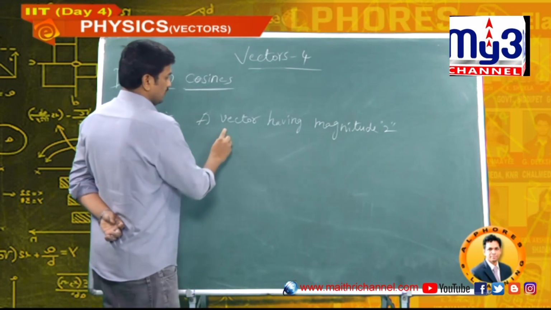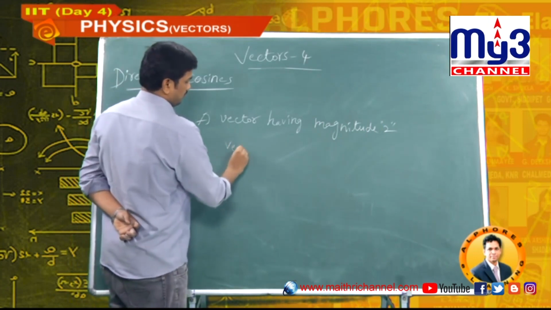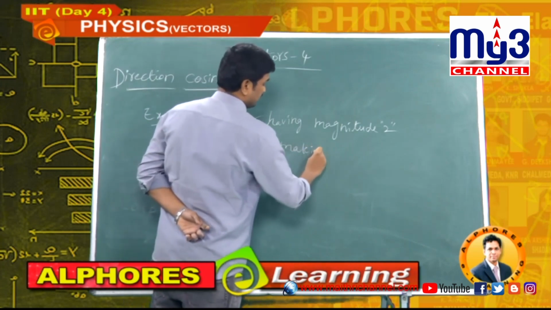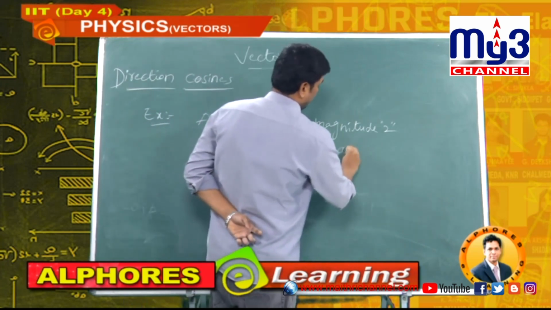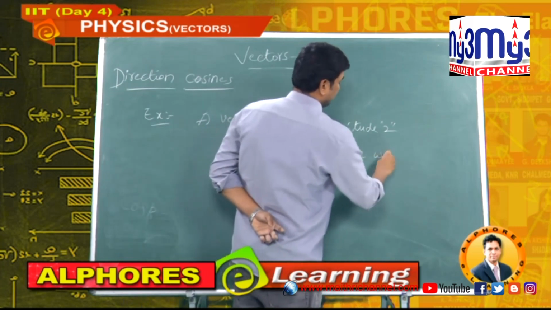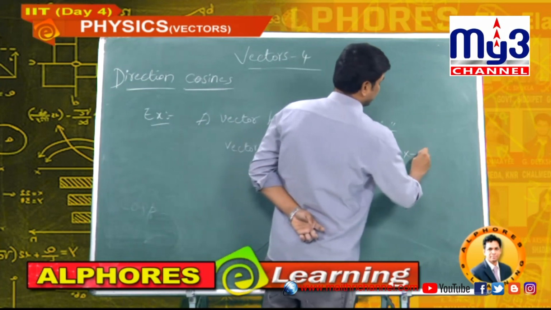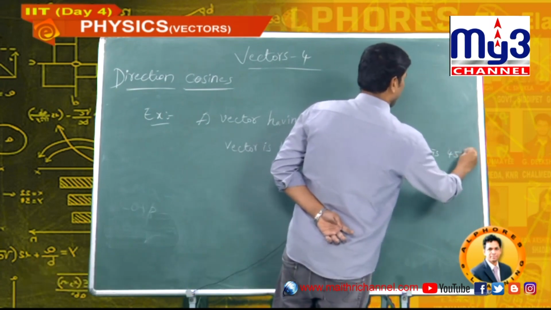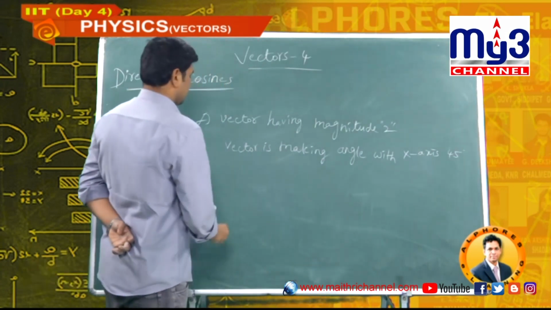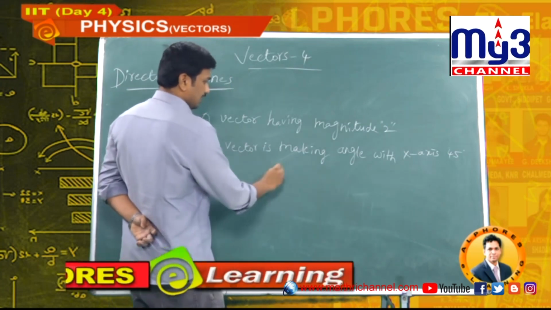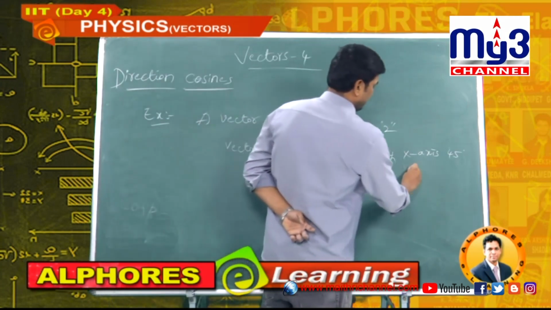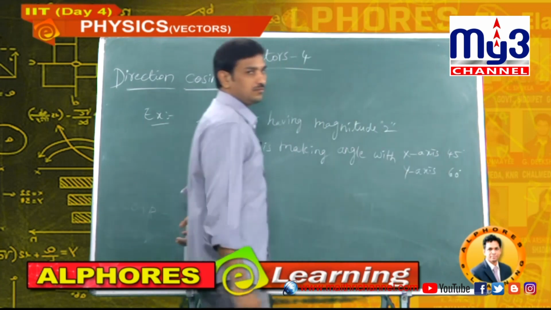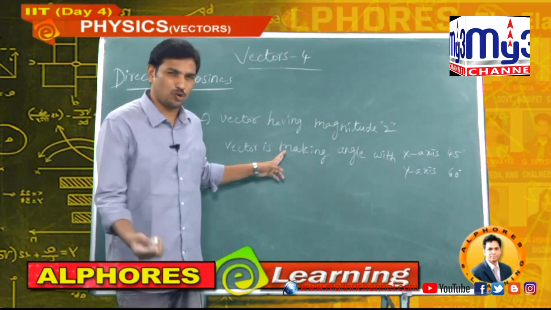Next, the vector is making an angle with the x axis of 45 degrees. Same thing, the vector is making an angle with the y axis of 60 degrees.